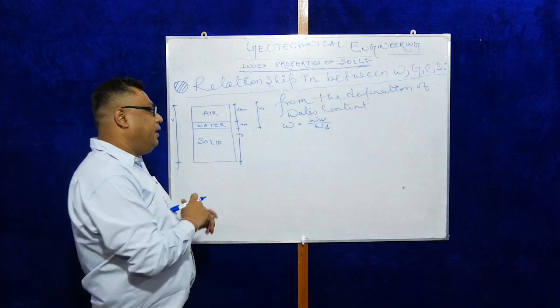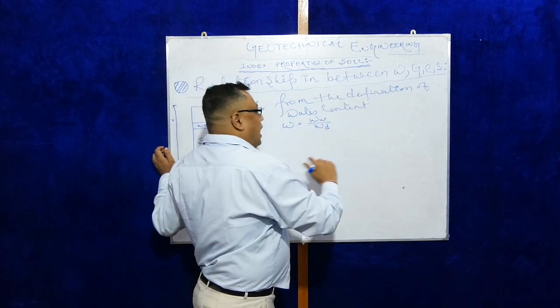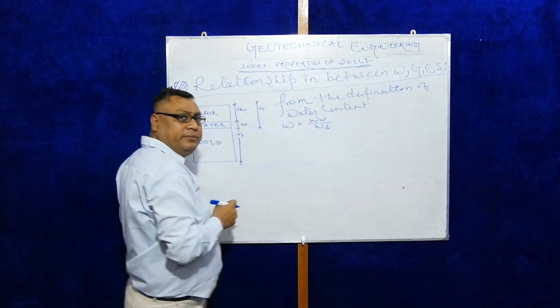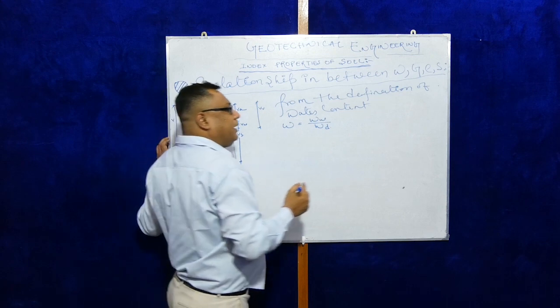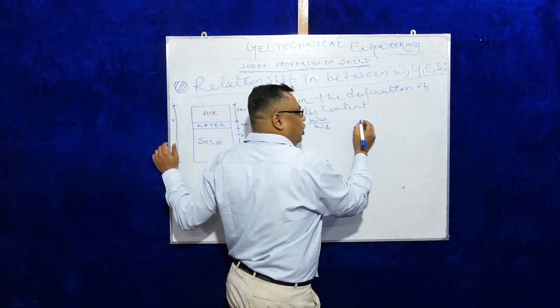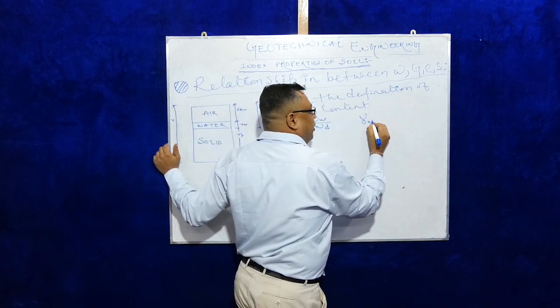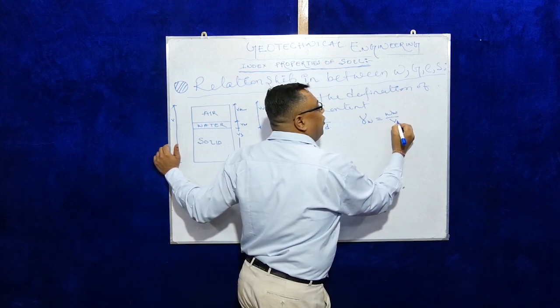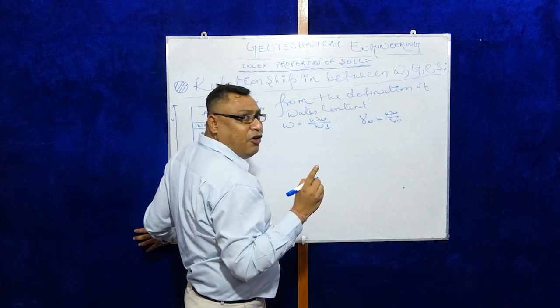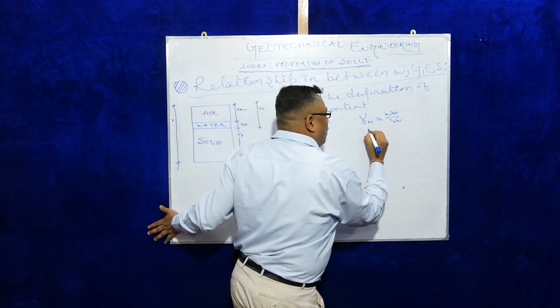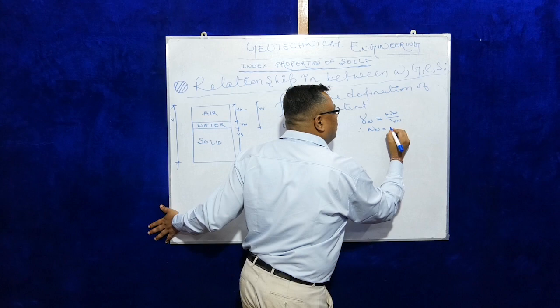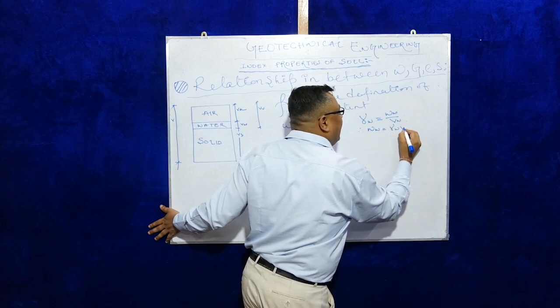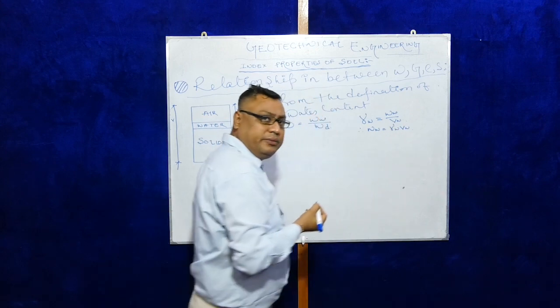Then, what is weight of water? As we know, unit weight of water is equal to weight of water to the volume of water. Therefore, weight of water is equal to unit weight of water into volume of water.